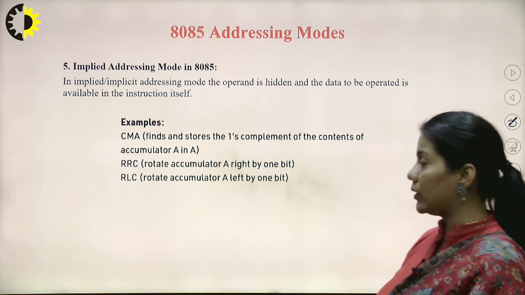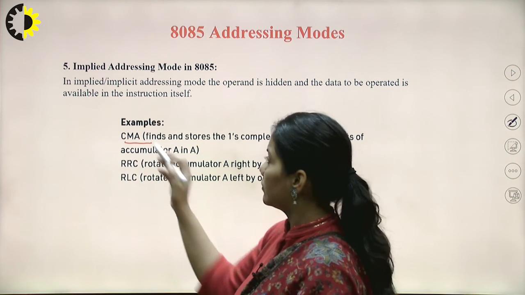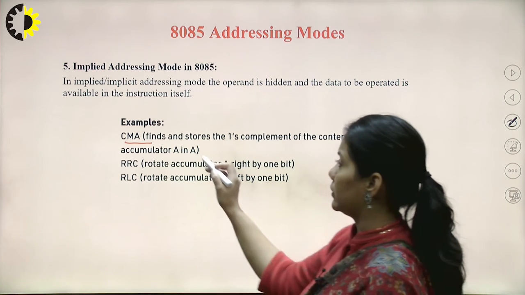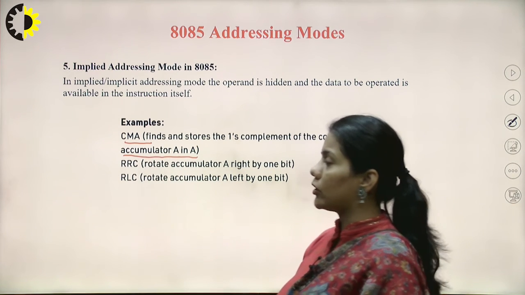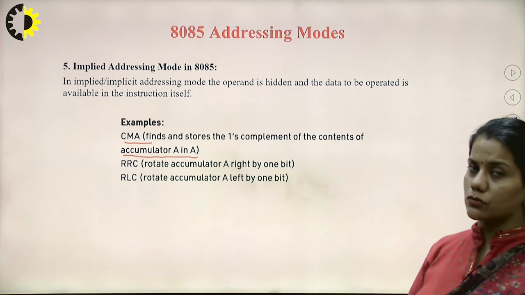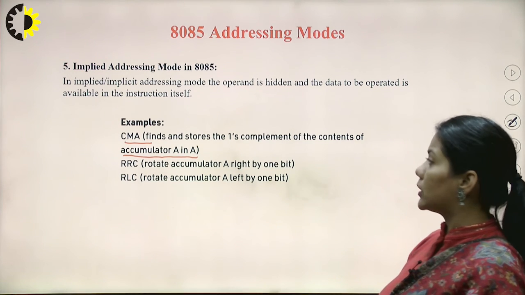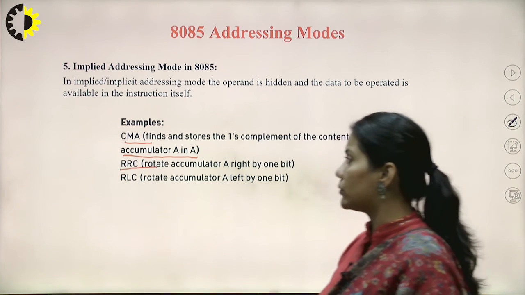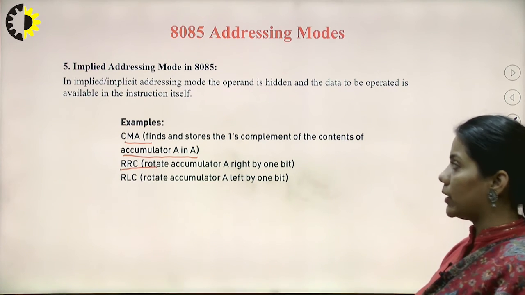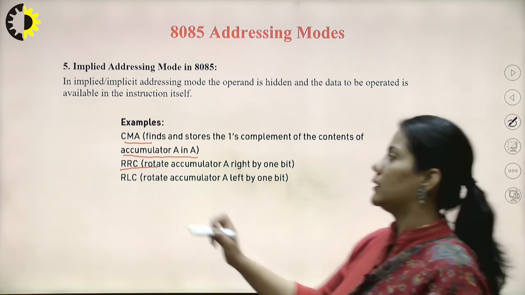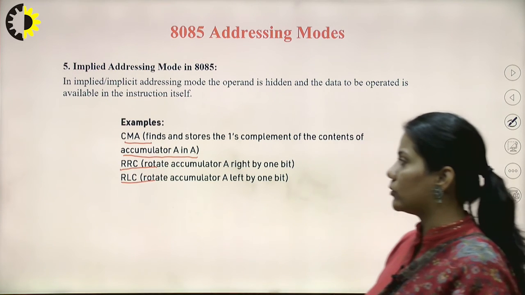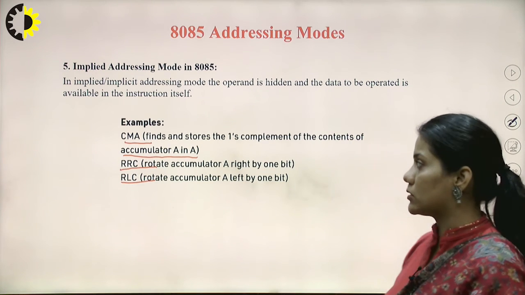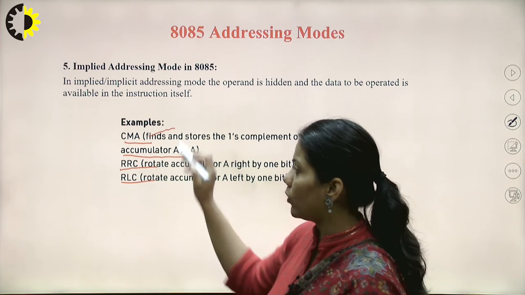For example, CMA will complement the accumulator, or we can say it finds and stores the one's complement of the contents of the accumulator in A. Again, RRC rotates the accumulator right by 1 bit, and RLC rotates the accumulator left by 1 bit. In these instructions, there is no need to specify any operand.